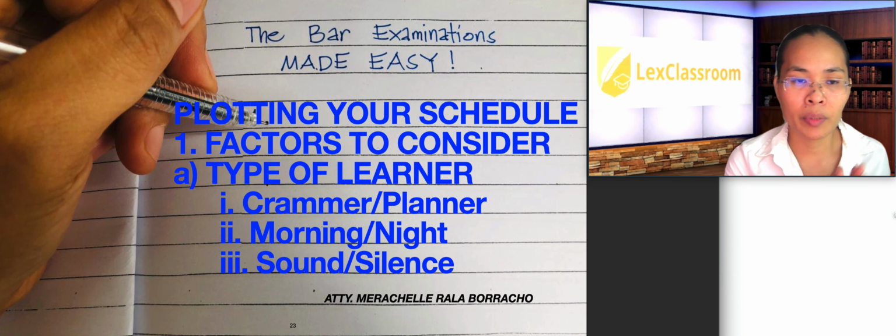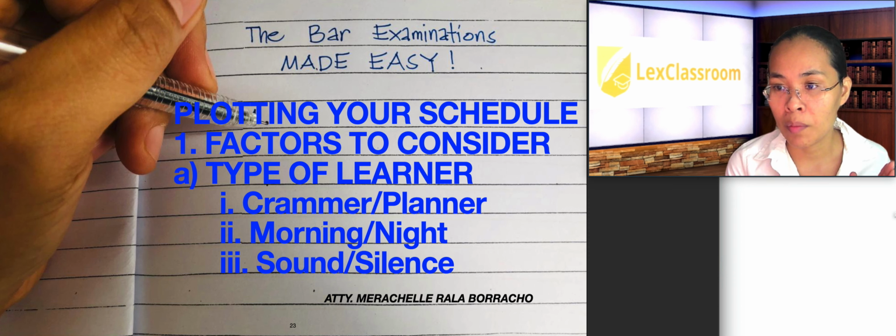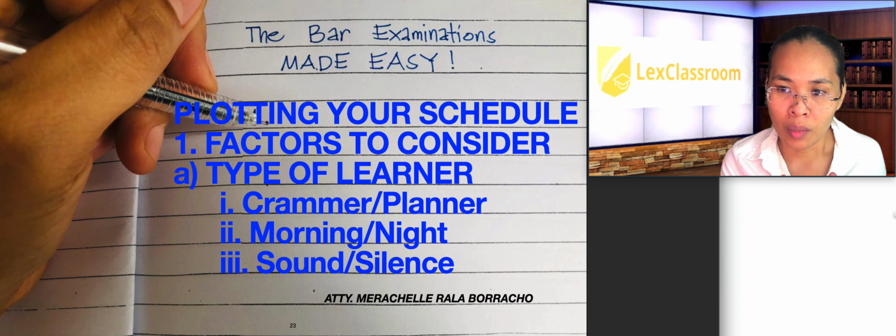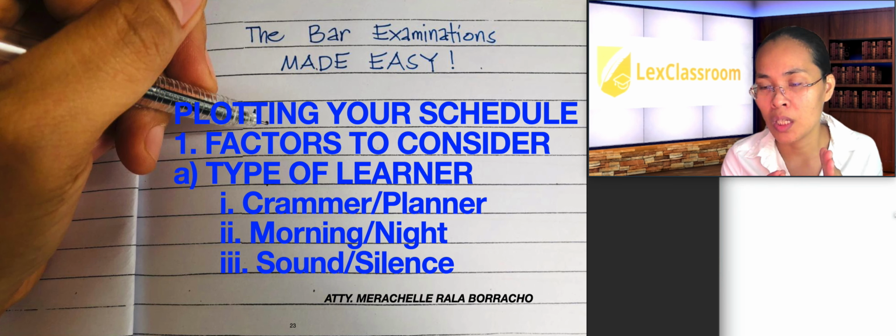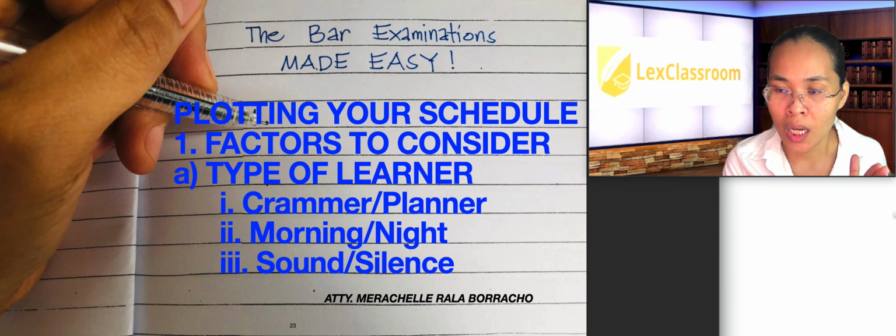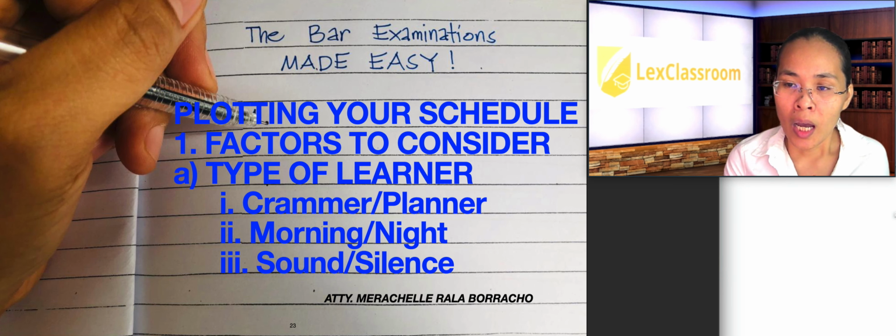It means they plot out things, like if the midterm or the bar is 6 months away, then they are going to distribute the schedule. They try to have a projection also of the goals, like each day how many pages will be read, what subjects will be studied.